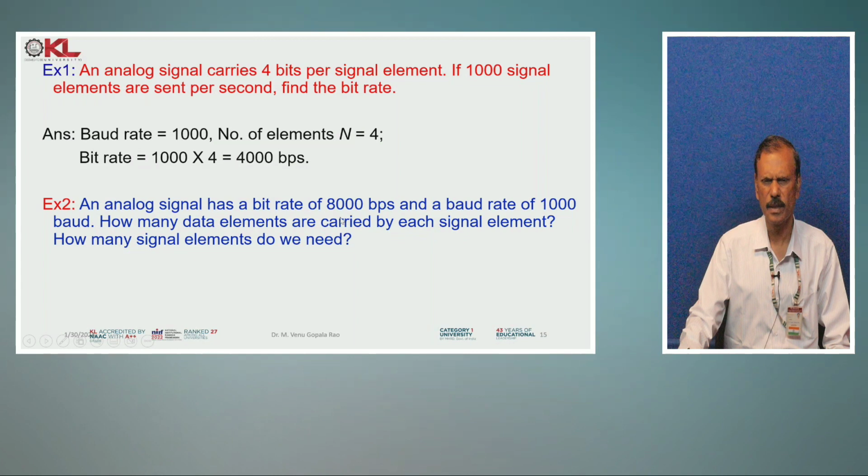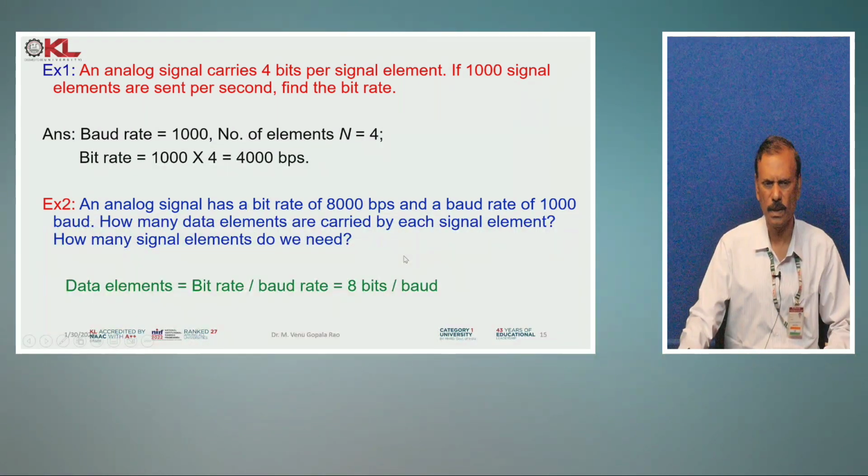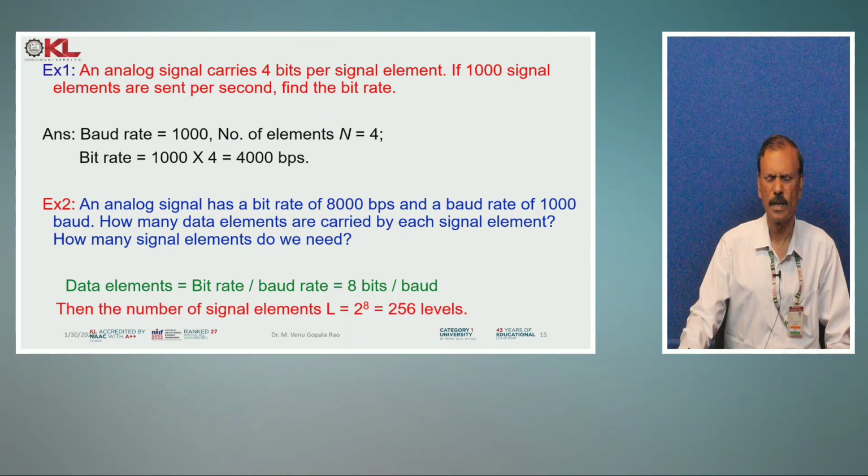Bit rate is 8000 bits per second, baud rate is 1000, so 8000 by 1000 gives 8 bits per baud. Then the number of signal elements is L equal to 2 to the power of 8, that is 256 levels.